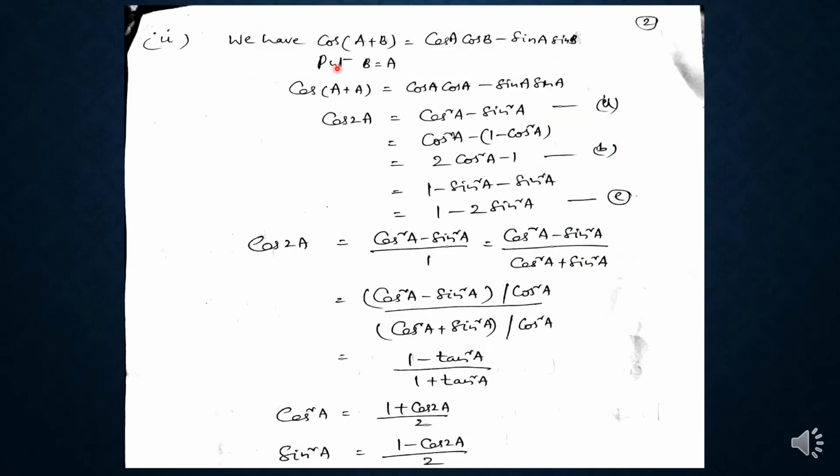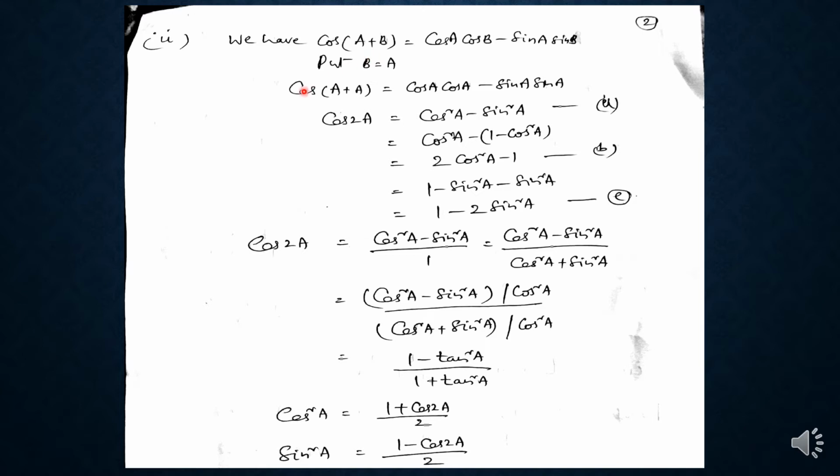So to prove the cos 2a formulas, take the formula cos of a plus b. Remind the formula for cos of a plus b in the compound angles. We have cos of a plus b is equal to cos a into cos b minus sin a into sin b. In this also put b is equal to a.